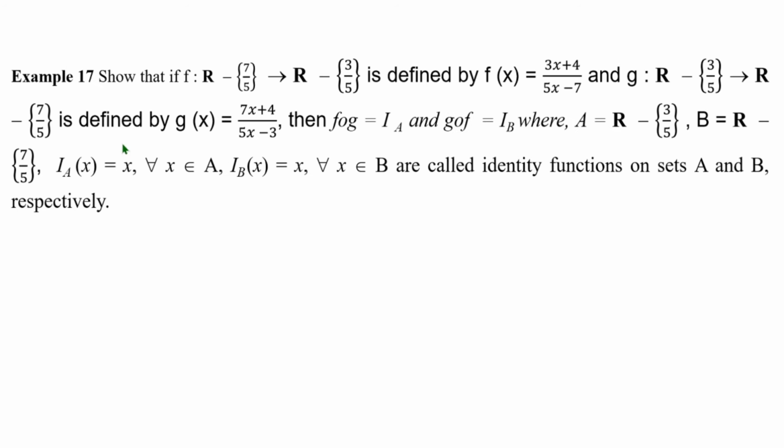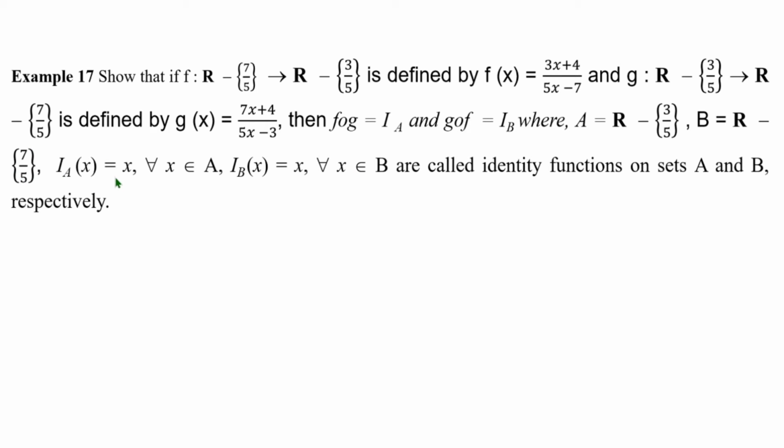The next question: show that if f from the set R of real numbers minus the element 7 by 5 to the set R of real numbers minus the element 3 by 5 is defined by f of x is equal to 3x plus 4 by 5x minus 7, and g from R minus 3 by 5 to R minus 7 by 5 is defined by g of x is equal to 7x plus 4 by 5x minus 3, then f of g is equal to IA and g of f is equal to IB, where A equals R minus 3 by 5, B equals R minus 7 by 5.